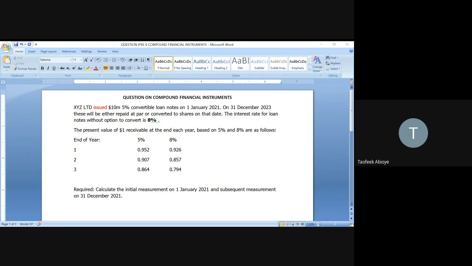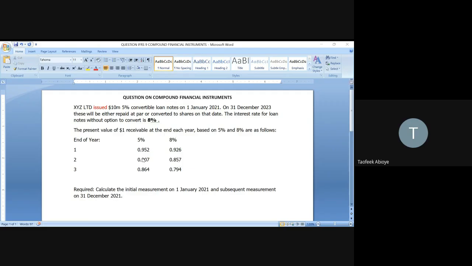So now, in year one, what are we going to do? Now, to split this financial instrument, this question, have you seen it in our group now? Yes. Okay, because I will unshare my screen now.